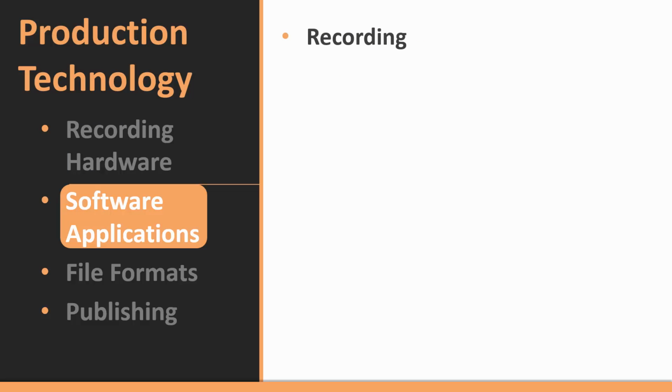Obviously, you're going to need some recording software, and there are plenty of options there. On the Windows format, Audacity is an extremely popular application, as is Camtasia now. Camtasia started out as screen capture software, but it's also an outstanding audio editor. And of course, in the Creative Cloud series by Adobe, Audition is their flagship audio editing platform.